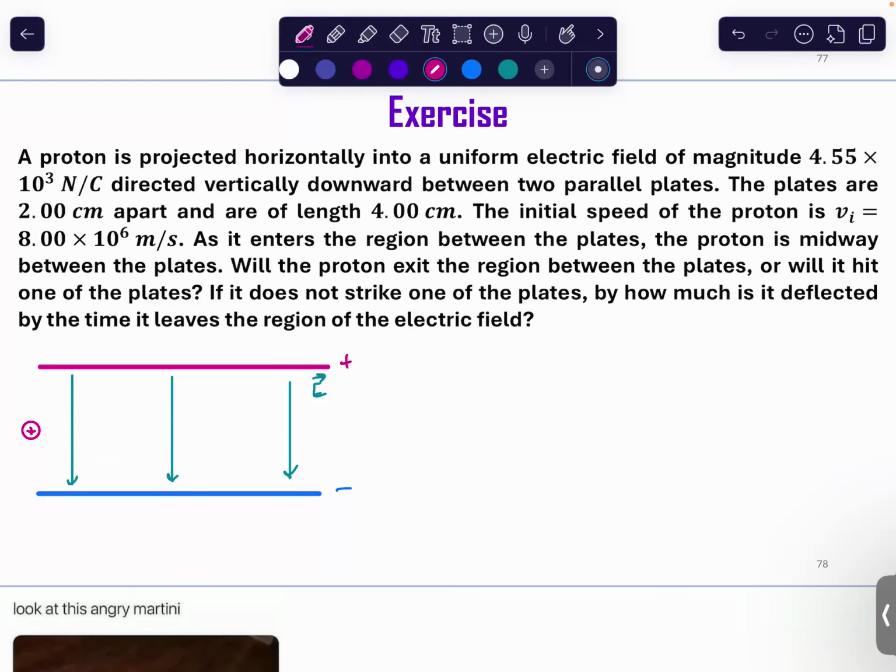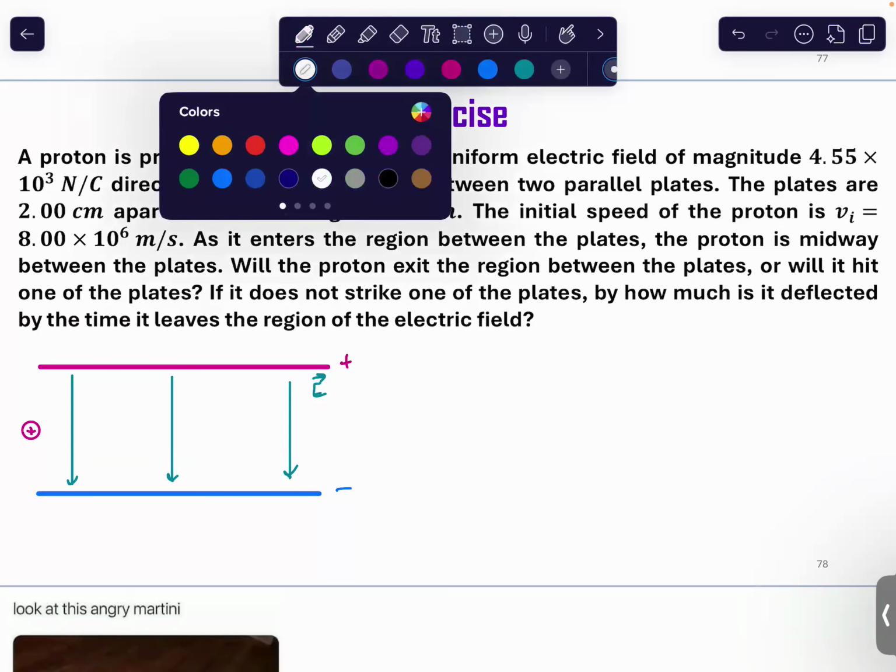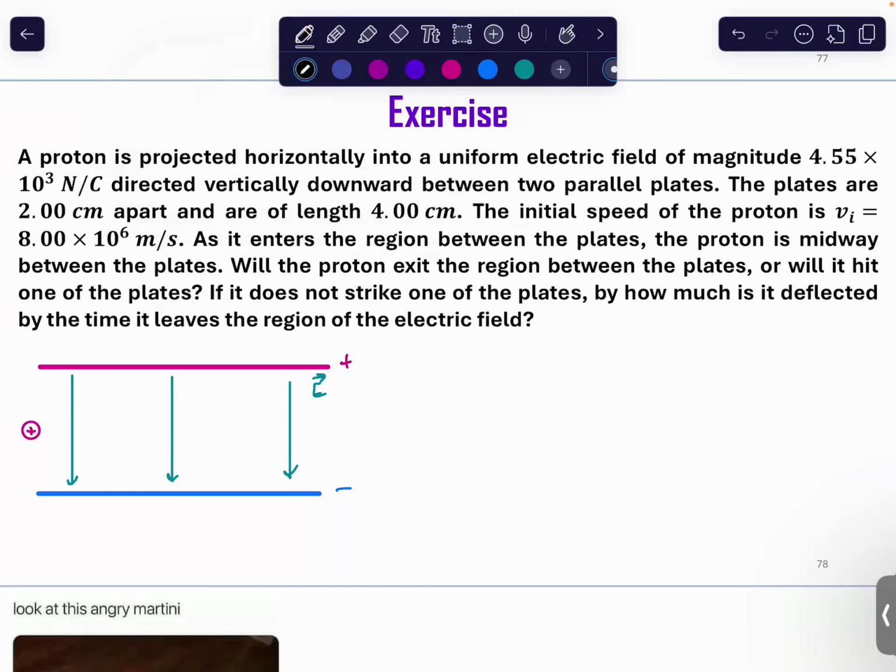So the problem says the proton is midway between the plates. So it comes in at exactly the 1 centimeter point.